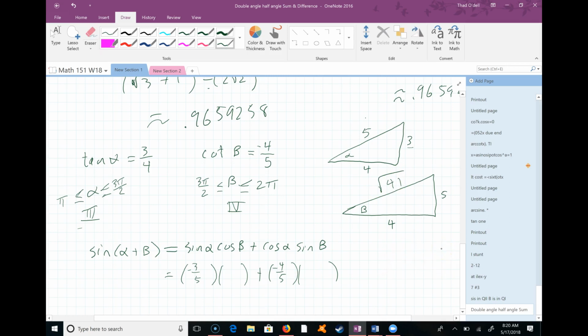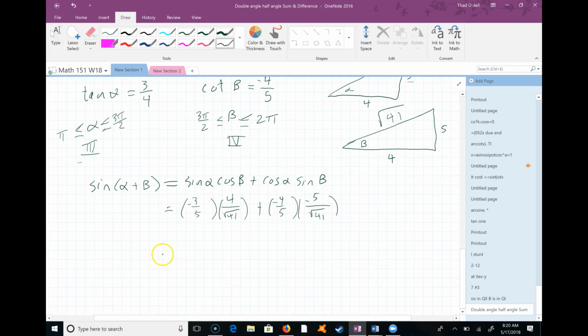So if I'm looking for cosine of beta, that'd be adjacent over hypotenuse, so 4 over the square root of 41. And I'm in the fourth quadrant, so cosine's positive, so I can leave that alone. And then sine of beta is opposite over hypotenuse, so that would be 5 over the square root of 41. And I'm in the fourth quadrant where sine is negative, so I put a little negative there.